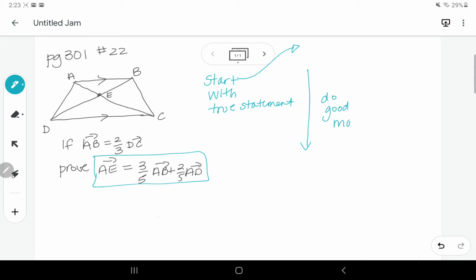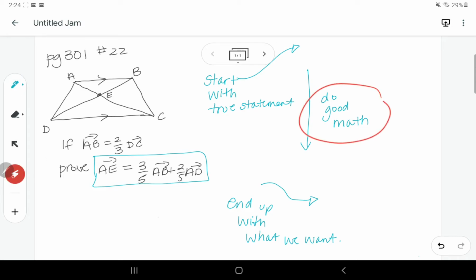If the math that you do is wrong, the proof will not work. So end up with what we want. Okay, so that's my goal. I'm going to start with something that's true and do a bunch of math that's correct, and then end up with that thing there.